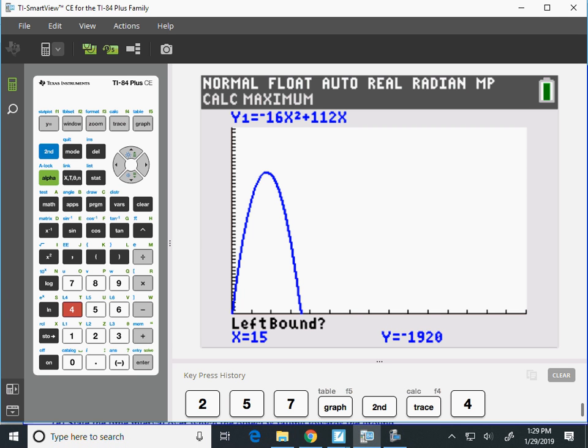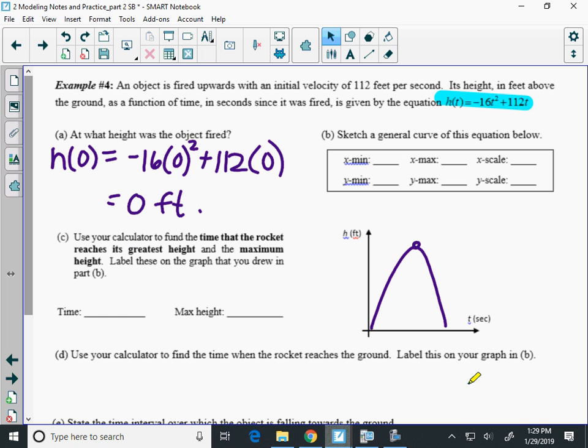Window? I think we want 0 to 30 for X, and then about 0 to 200 will be fine. 257. So you should get 2 really nice numbers here. What do you get as the coordinates of your vertex? 3.5, right? 196.